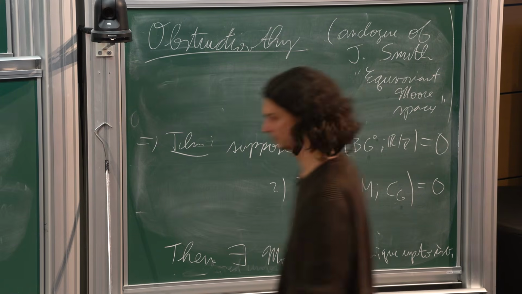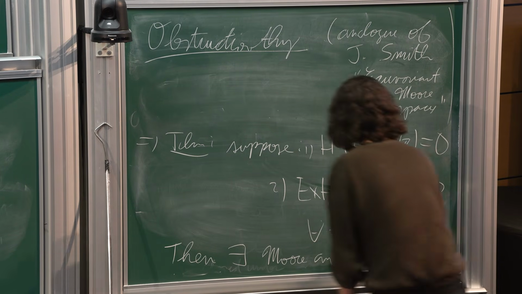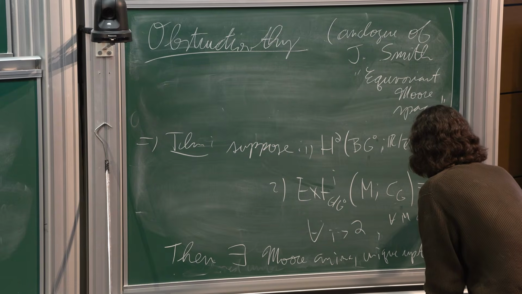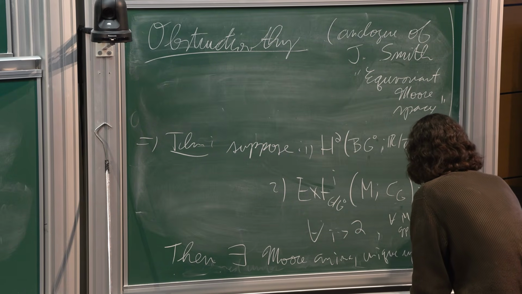So I just have to define for you what CG is, and what M is. Maybe I should say what M is here. So for all i greater than 2, and for all M discrete abelian group with G mod G0 action.